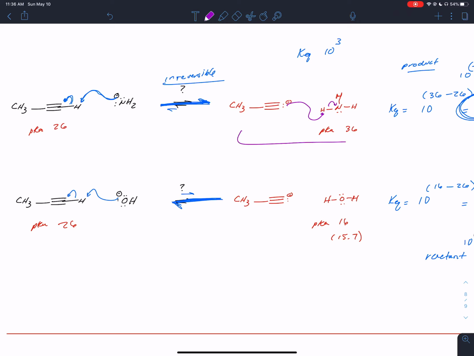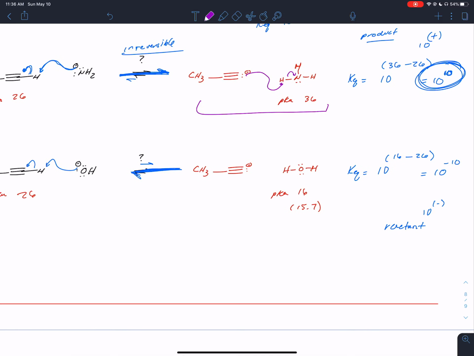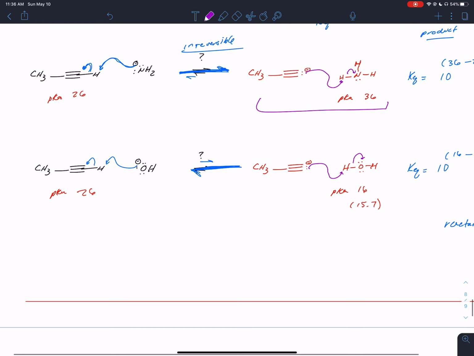Okay, this side is favored at equilibrium, the side with the higher pKa acid. It is the more stable side, and at equilibrium, that side is favored, and we could consider this acid-base reaction between these two species as being irreversible. However, if we considered the bottom acid-base reaction, when OH minus deprotonates, what would then happen from a stability standpoint is that the acetylide ion would rip off the proton from H2O and form these two species again, okay?